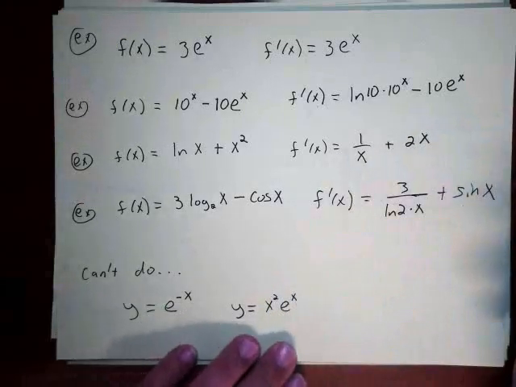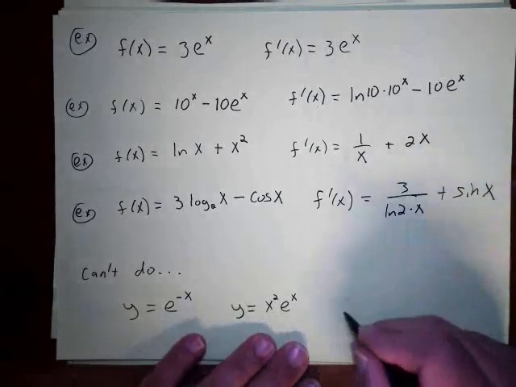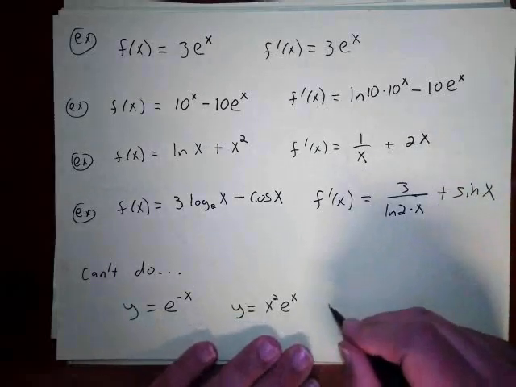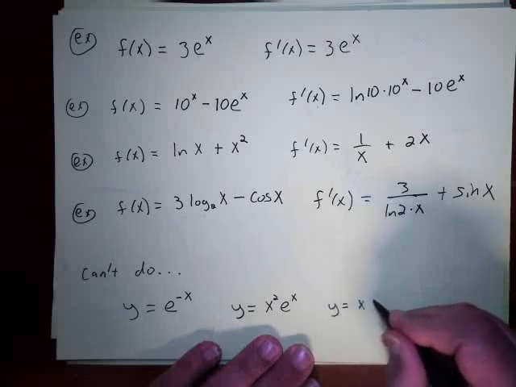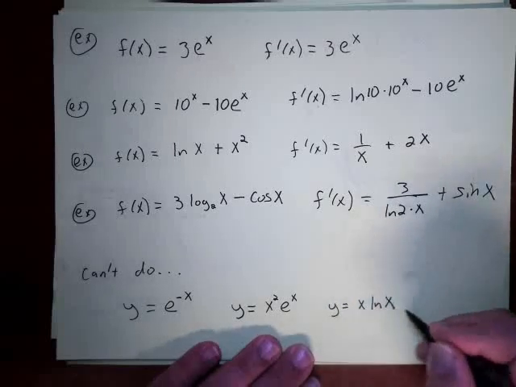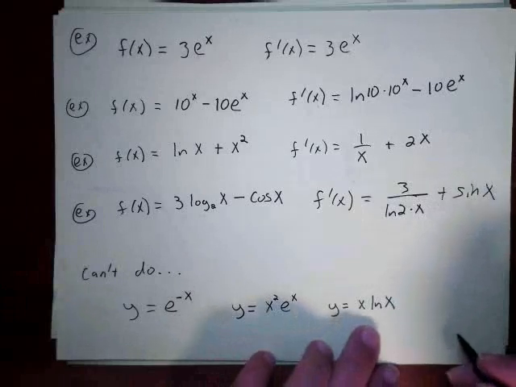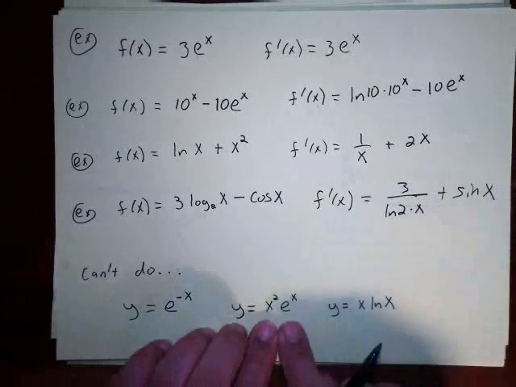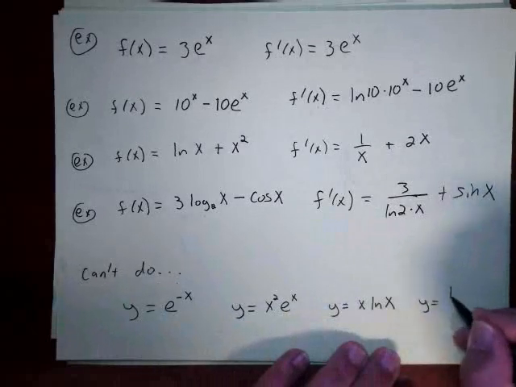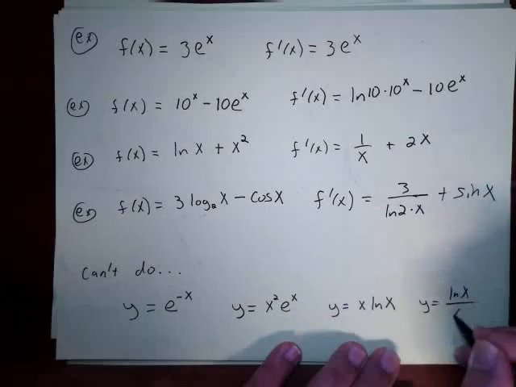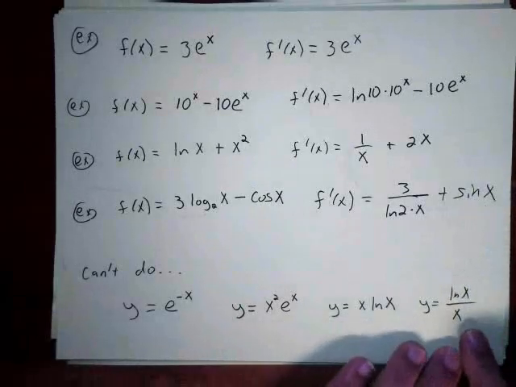I couldn't do that. Okay? I couldn't do something like y equals e to the x times the natural log of x. Okay? It's because this is the product of two functions. Or I couldn't do something like natural log of x over x. This is the quotient of two functions.